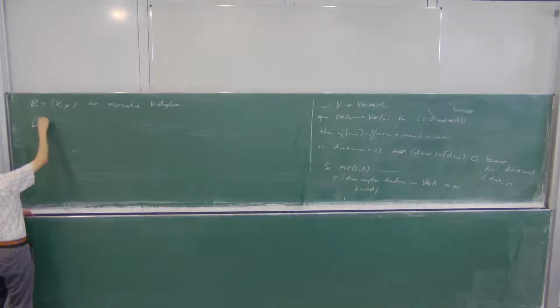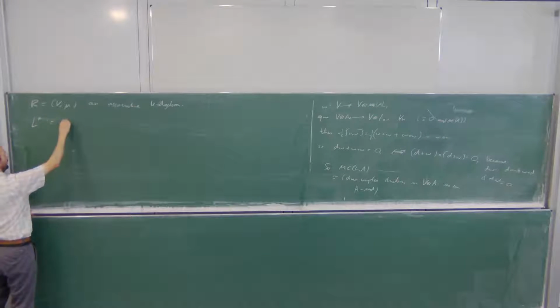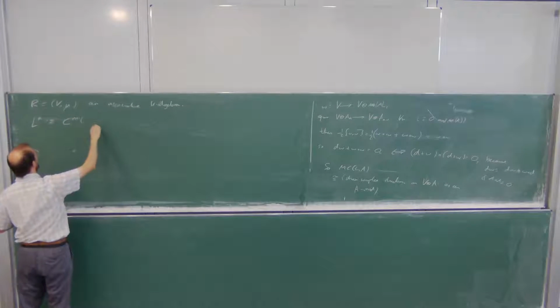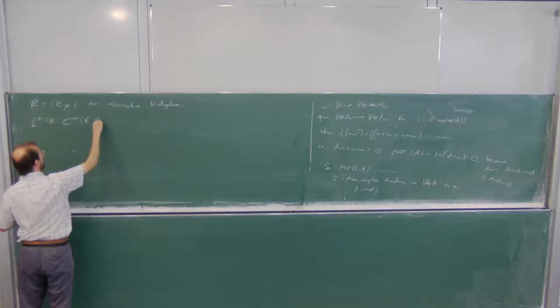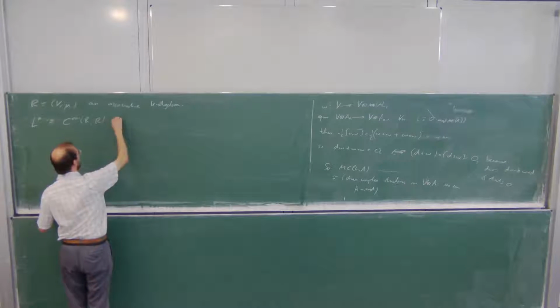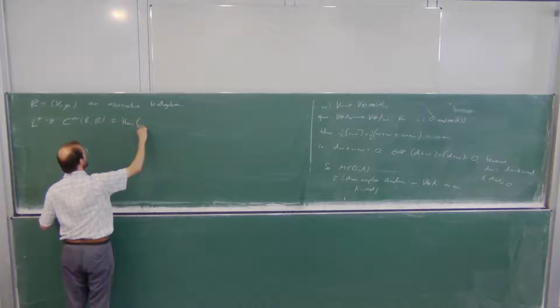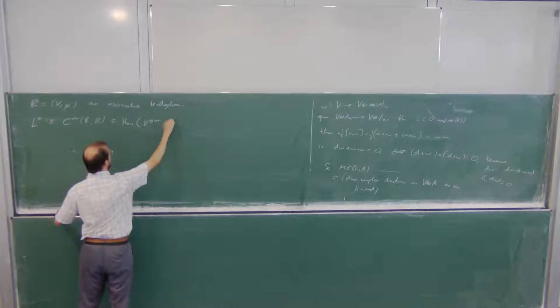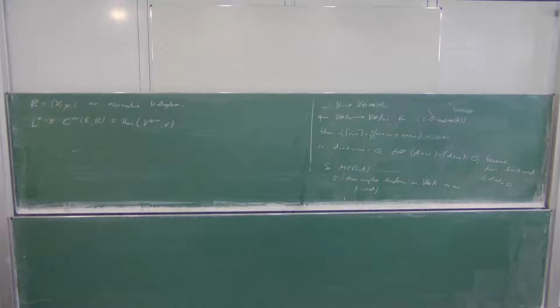And then the DGLA was shifted Hochschild cochains. The right number, isn't it?